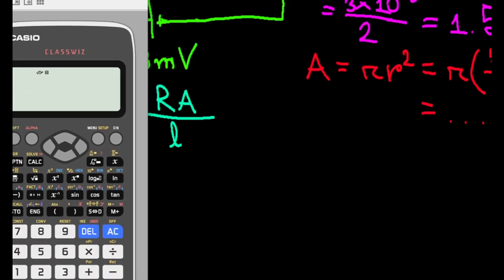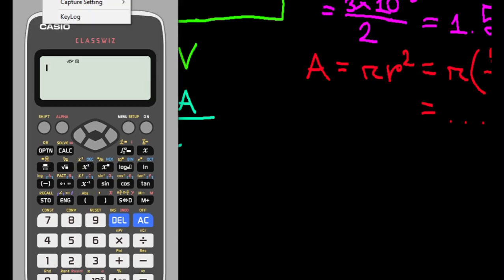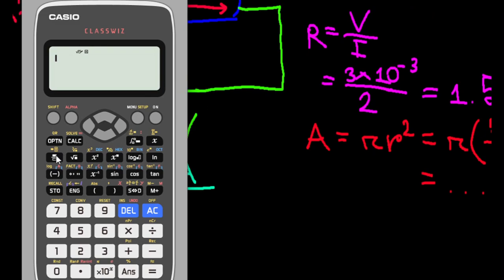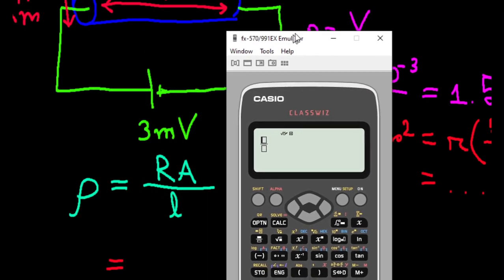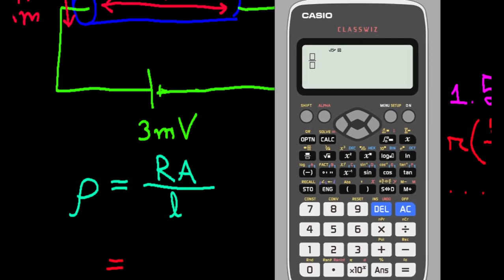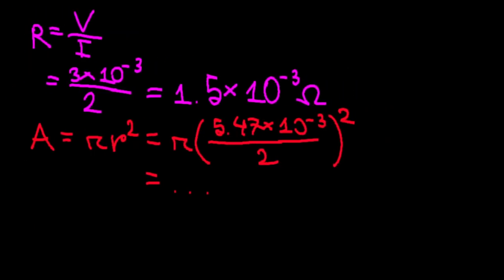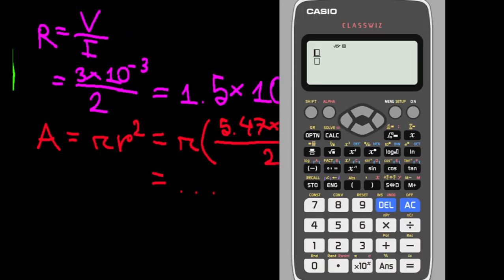So it's RA by L. We have a resistance of 1.5 times 10 to the power minus 3, as we found it.